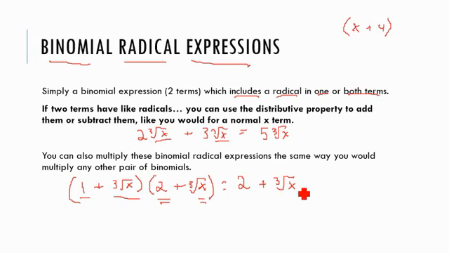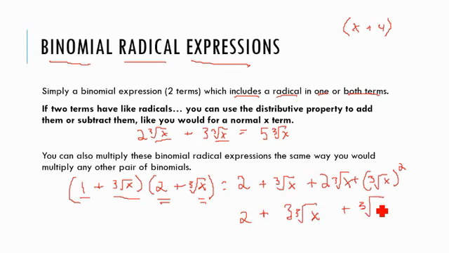So cube root of x times 2 is 2 cube root of x. Cube root of x times the cube root of x is the cube root of x squared. And so if I simplify that, I got 2 plus 3 cube root of x plus cube root of x squared.